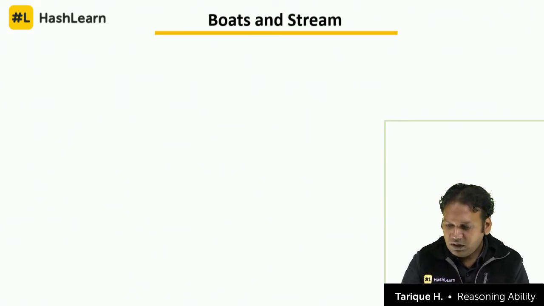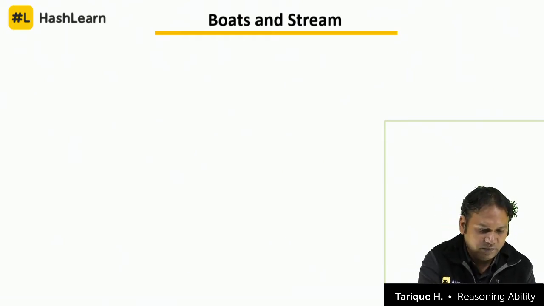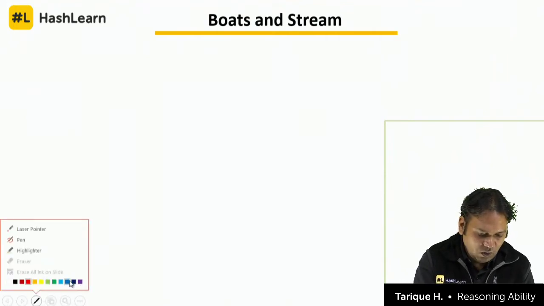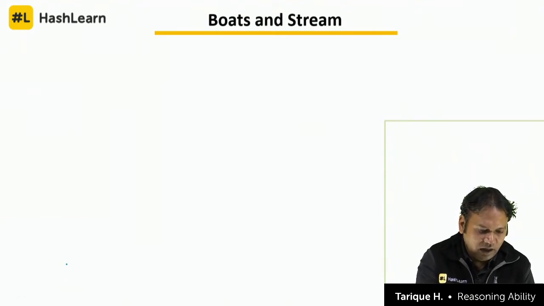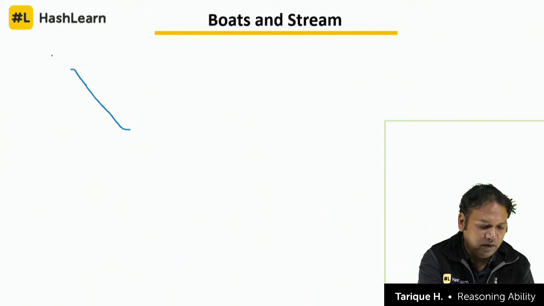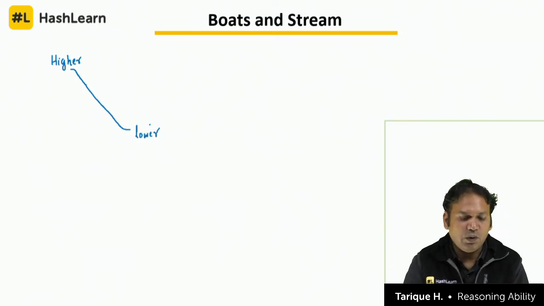Now first let's understand the concept of boats and streams. A river or any water source always flows from the higher level to lower level. That is the basic concept of physics, that water always goes from higher level to lower level.